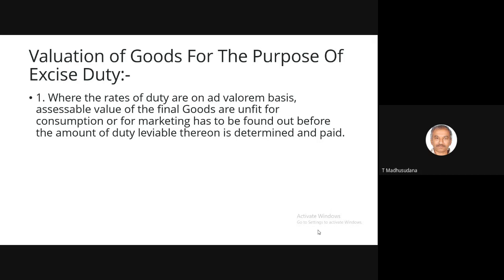That means when the goods are moving from manufacturer to ultimate consumer, there may be several stages through which the product will pass. At each and every stage, the value of the goods will increase. On that increased value, the government is going to levy taxes.